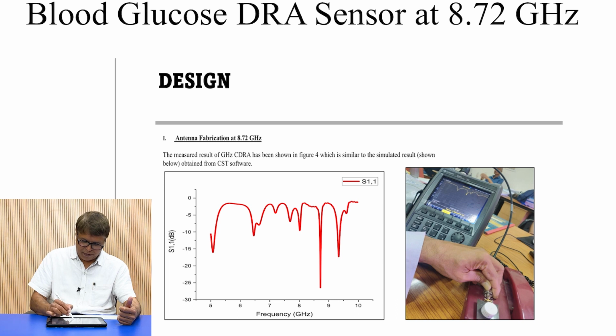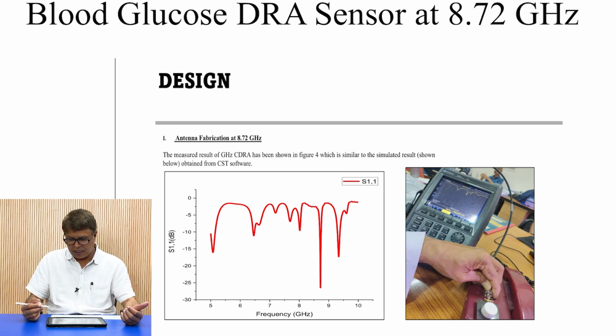In this graph, the S11 shows that the resonant peak is at 8.72 gigahertz. Based on dimensions, we theoretically computed the frequency of the CDRA as 8.72, and we want to validate it with measured results using a VNA in our lab. And if you see here, S11 is coming almost at 8.72 gigahertz.